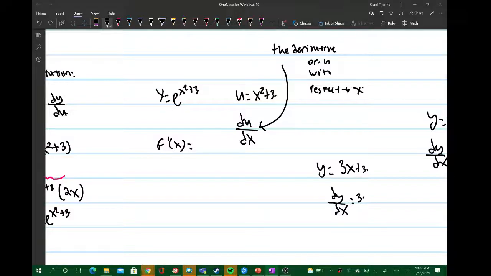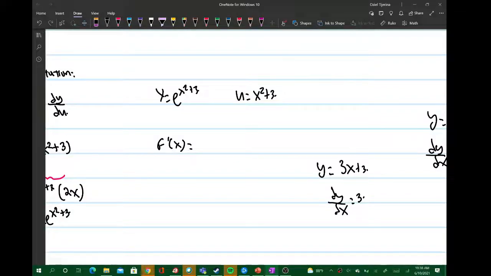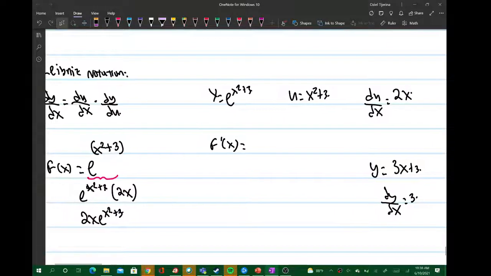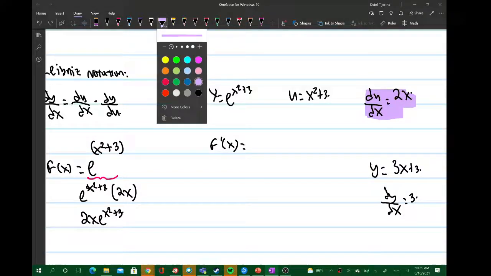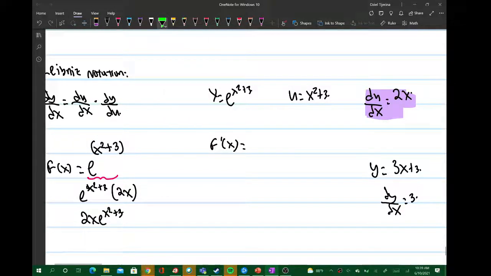So du dx, in this case, you would just take the derivative of the function x squared plus 3, so du dx equals 2x. Now, that's this part, right? So we know this part, and we also know what dy dx is, or not dy dx, excuse me, not this part.